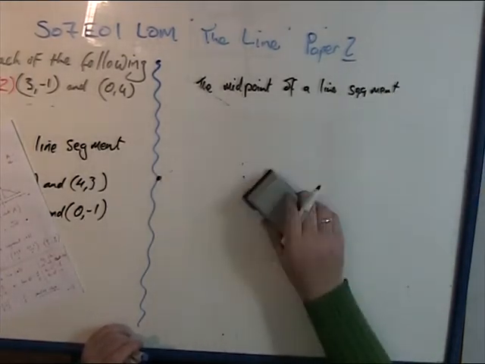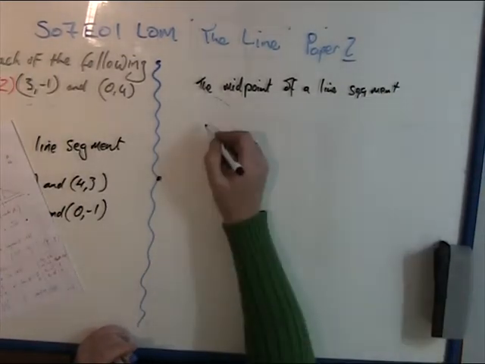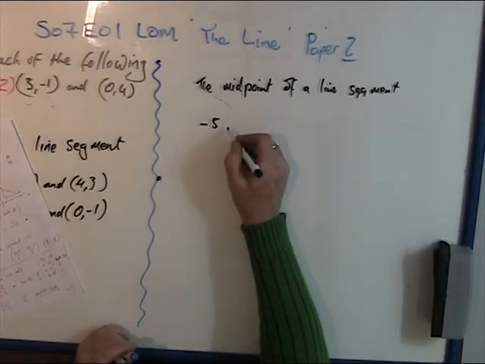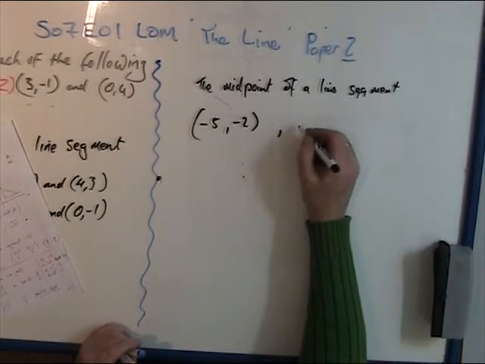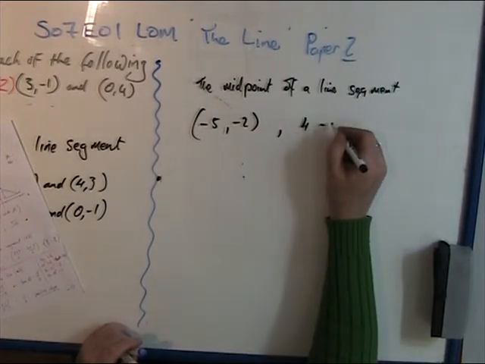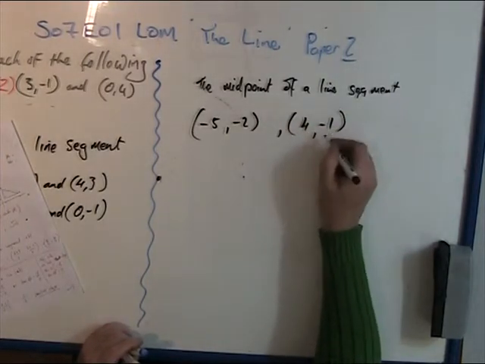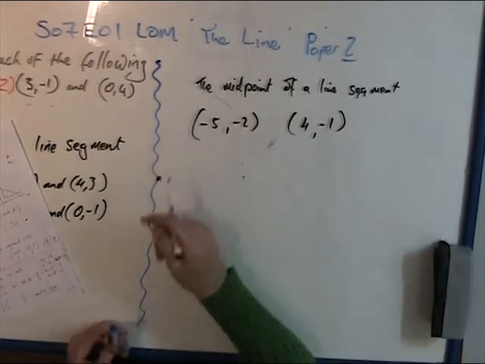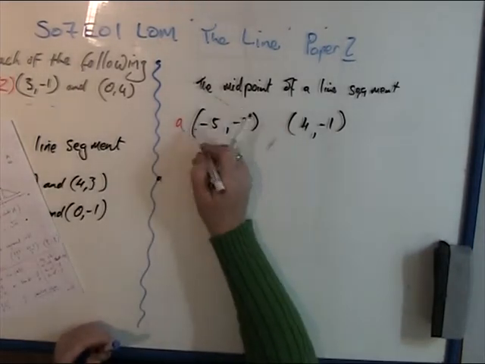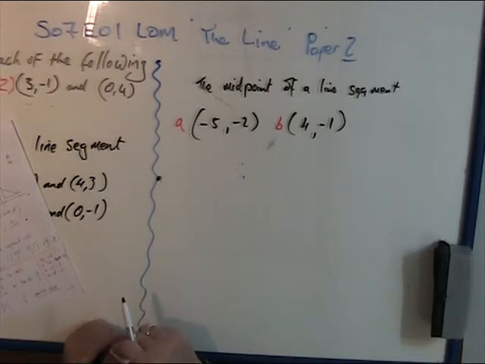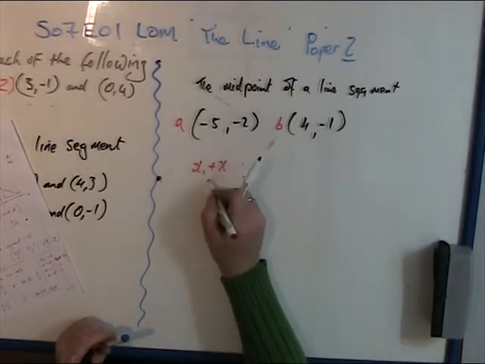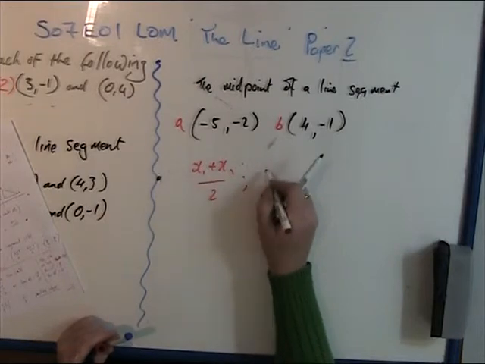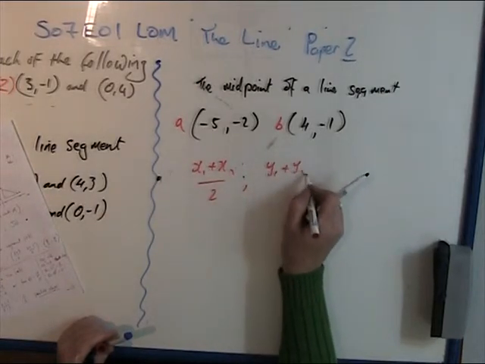Let's find some minuses. So let's say we have (minus 5, minus 2), for example, and we have (4, minus 1) on another point. So we've got 2 points here, A and B. Using the formula, it's the x's over 2 and the y's over 2.